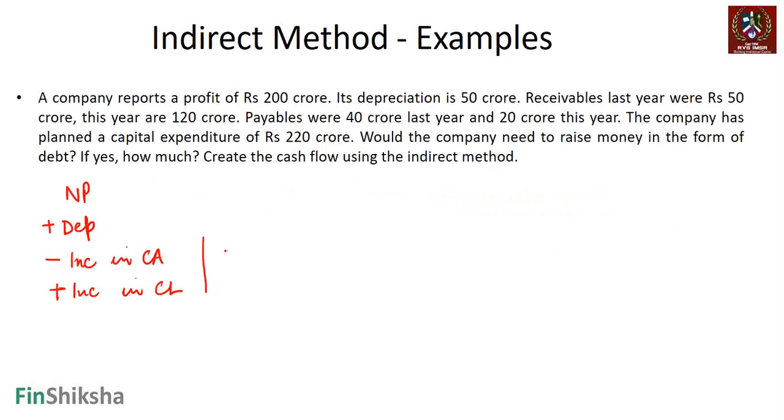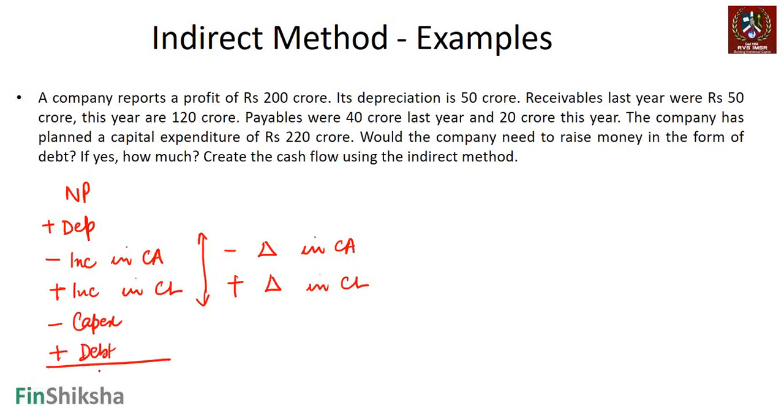In other words, we can remove a change in current assets and add a change in current liabilities. This is the delta sign which I'm using for change. And then we can do a subtraction of capex, and we have to do a debt raised.